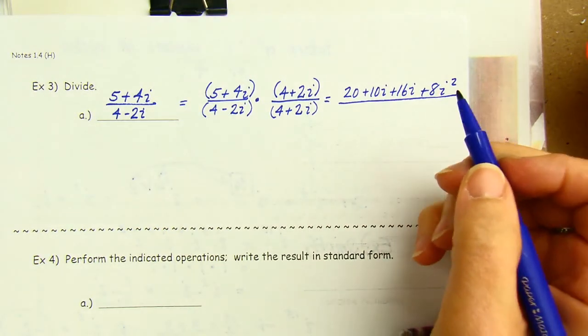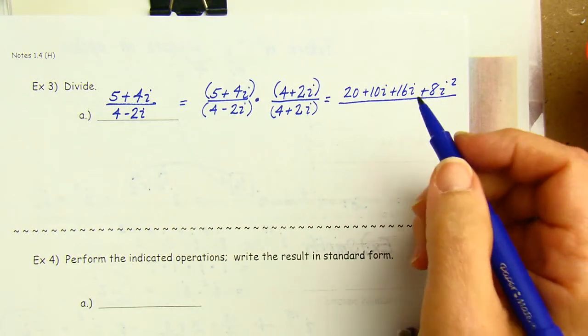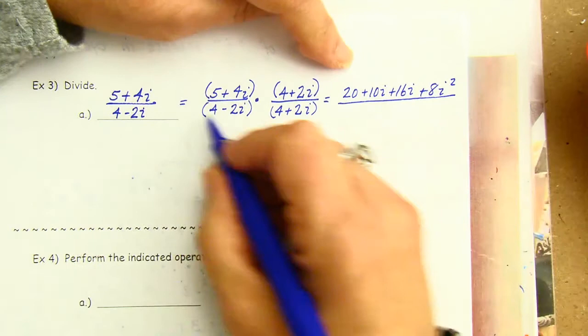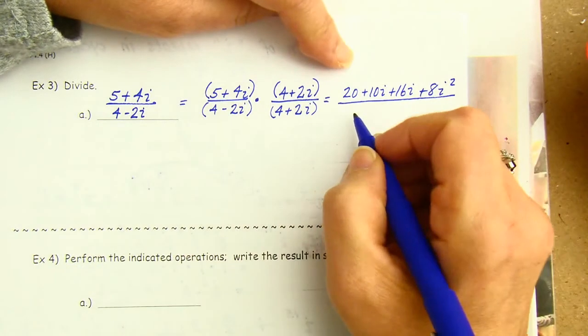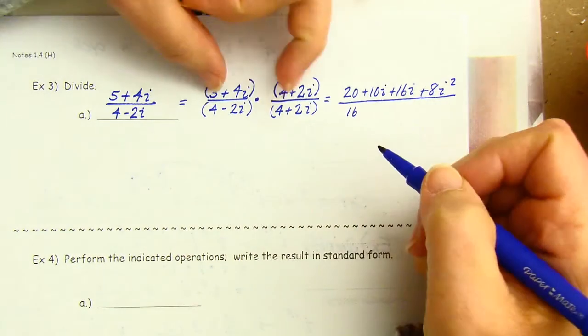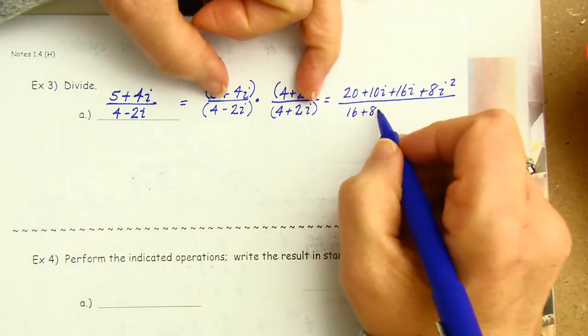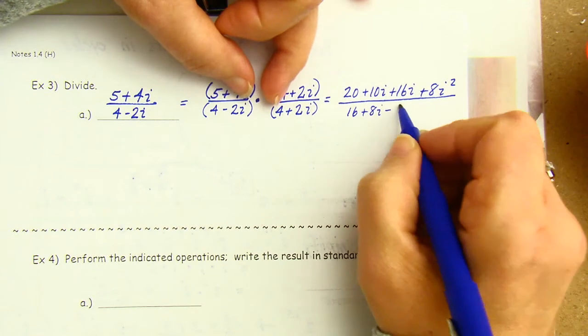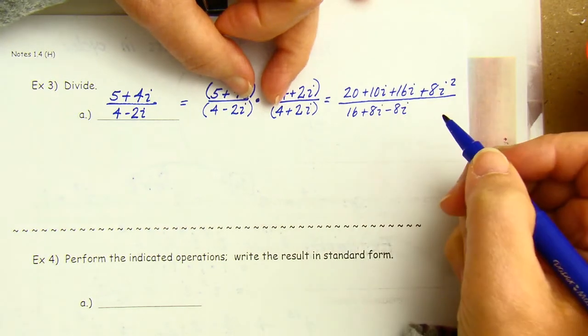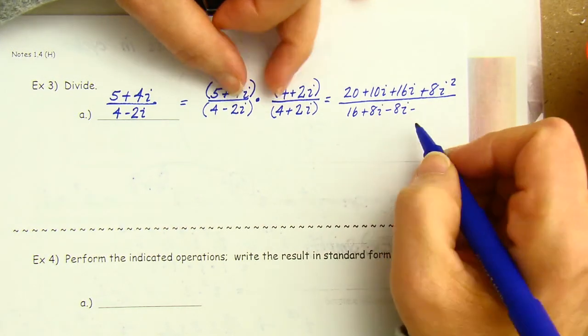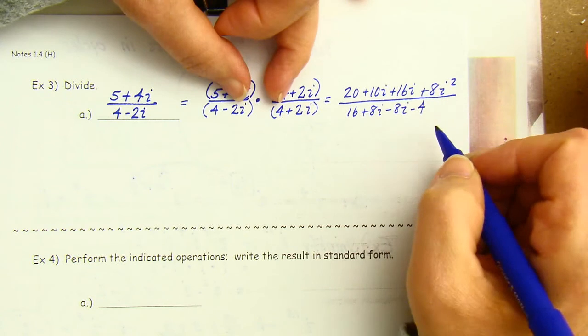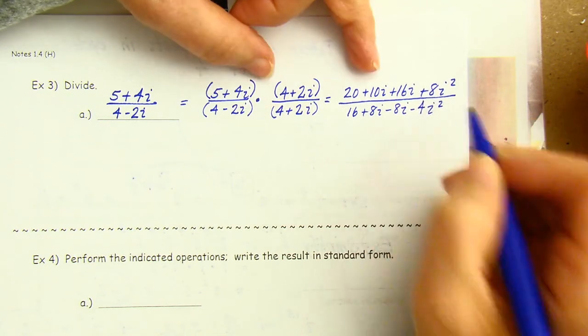You've got to substitute that with -1. This down yonder, well, this is 4 times 4, or 16. This is plus 8i, minus 8i. And then this is negative. 2 times 2 is 4. i times i is i squared.